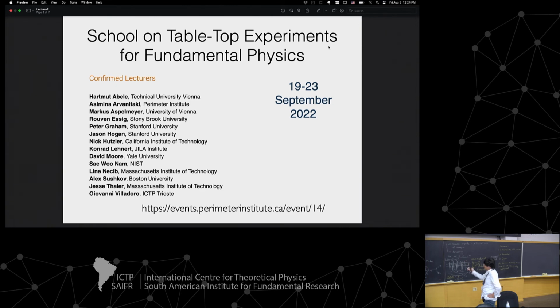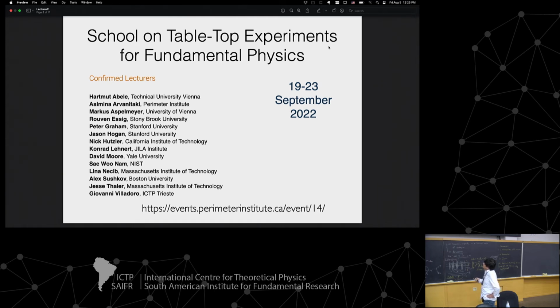The particles we are talking about, like axions and dark photons, don't necessarily need to be dark matter. They can also mediate forces between standard model particles. So there are fifth force experiments and equivalence principle tests that we can do to look for the same particle, even if they are not dark matter in our universe.